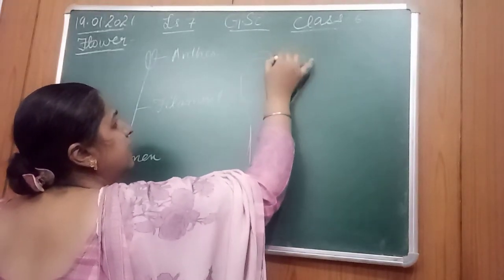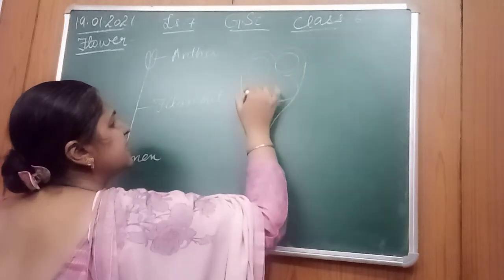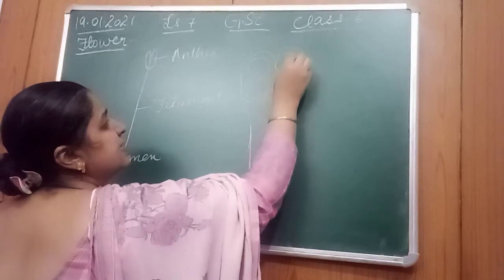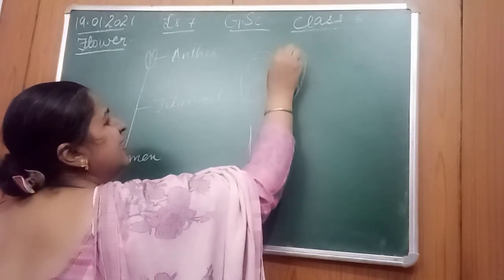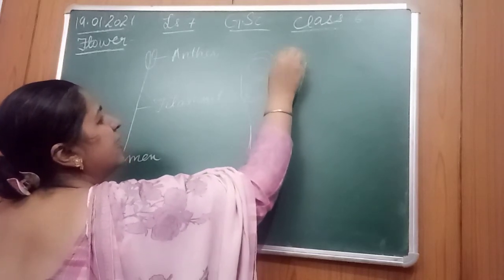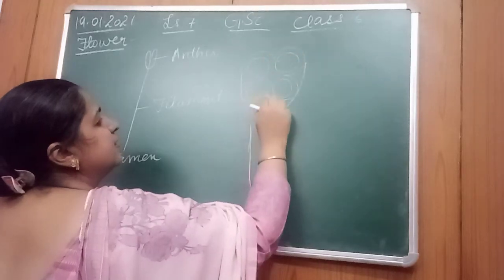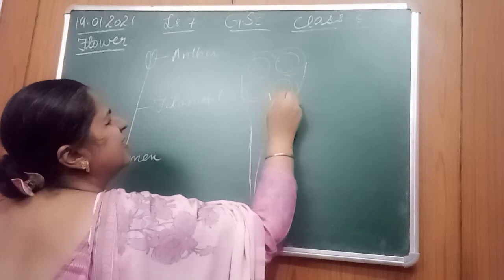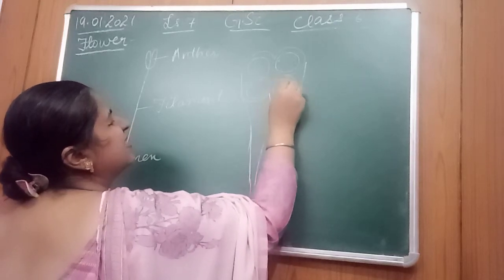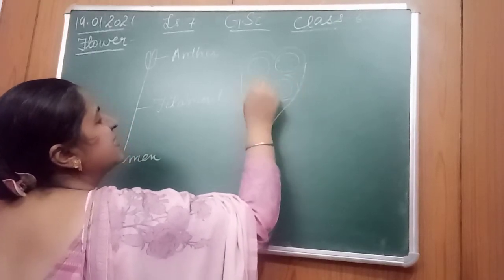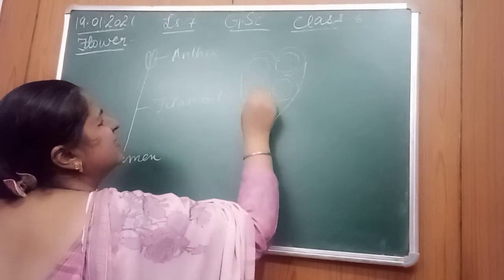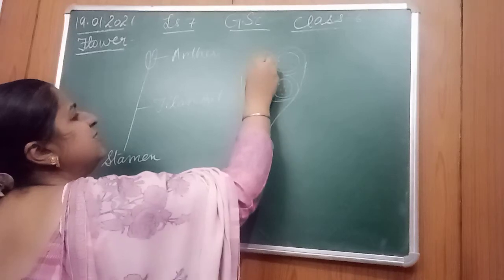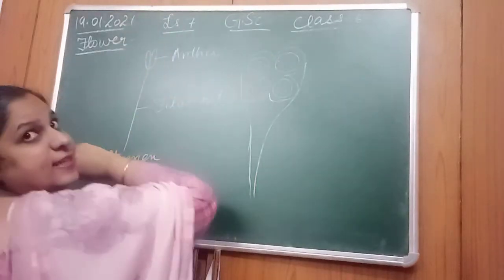So these are the pollen sacs. Sacs means बोरियां. Pollen sacs. इसके अंदर dust-like pollen grains are present, right? Dust-like structure. They are the pollen grains, like this. Is that clear?